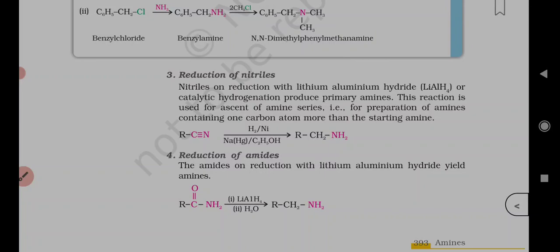Write structures and IUPAC names of the amide which gives propanamine by Hoffmann bromamide reaction. So the amide you have to know.